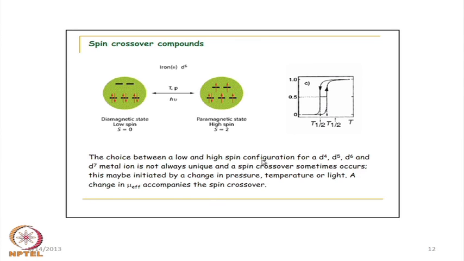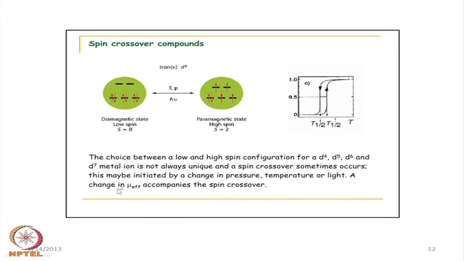So, the choice between the low and high spin configuration for d4, d5, d6 and d7 metal ions, which have both situations, the high spin and the low spin, is not always unique, and a spin crossover sometimes occurs. That means we may not strictly get a high spin d4 or high spin d5 complex; in the same situation we can get the low spin analogues. This may be initiated by change of pressure, temperature or light. A change of mu effective accompanies the spin crossover, from a diamagnetic to a paramagnetic situation.